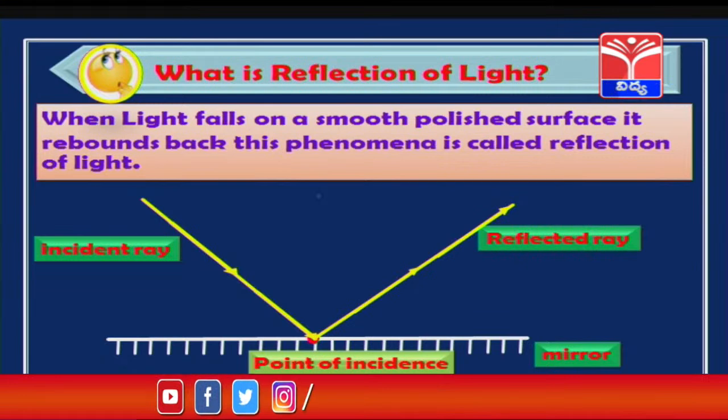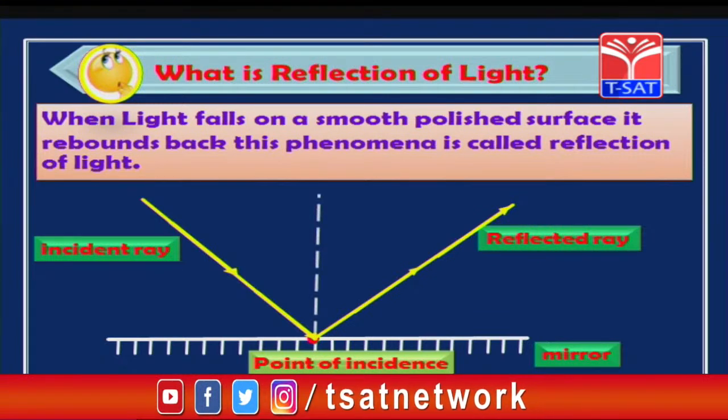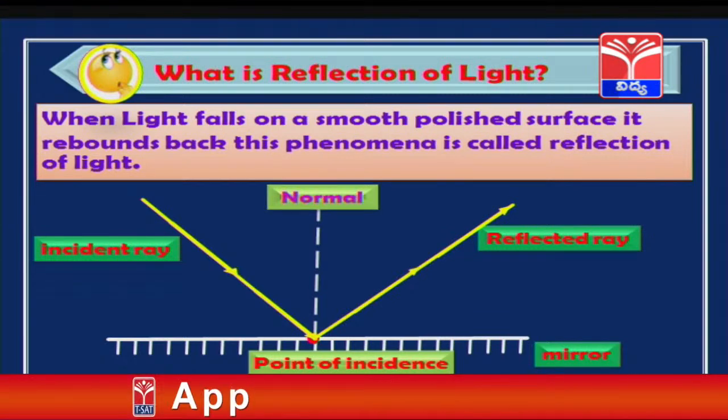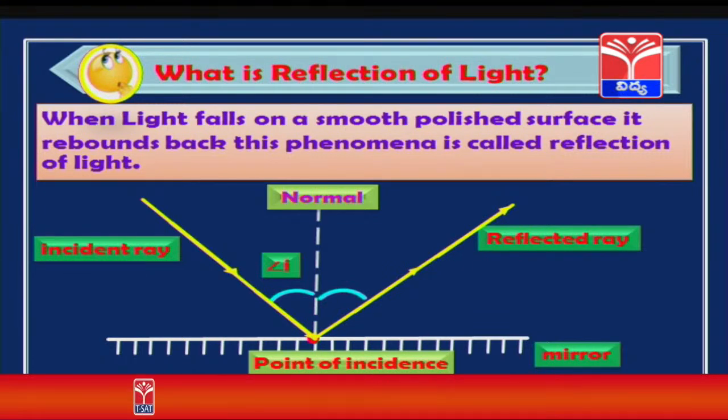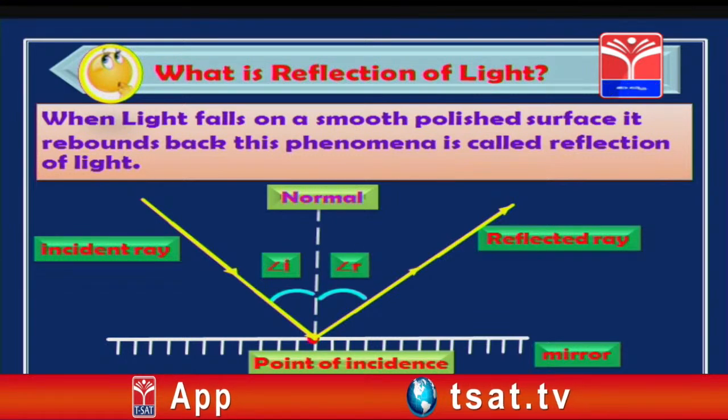If you draw a perpendicular to the mirror at the point of incidence, that is called the normal. The angle between normal and incident ray is called the angle of incidence, represented by angle I. The angle between normal and reflected ray is called the angle of reflection, represented by angle R.